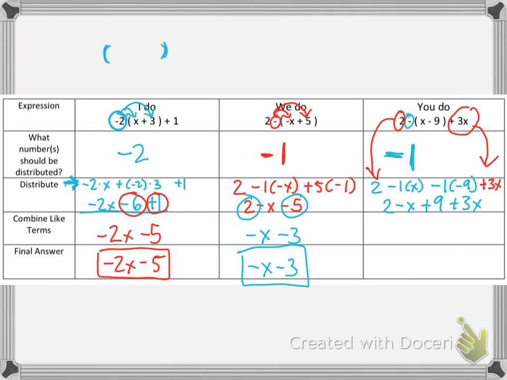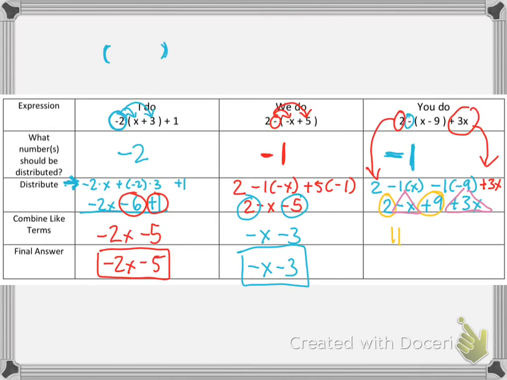All right, now we're combining like terms. Let's go ahead and combine. I see this 9 and this 2. And what else do I see? I see this negative x with this 3x. So let's go ahead and combine that. With 2 and 9, I will get 11.